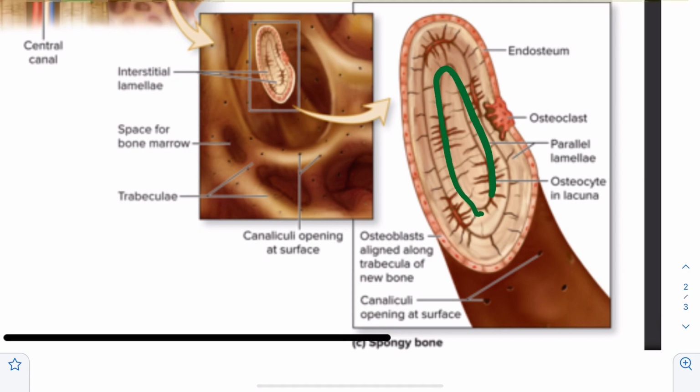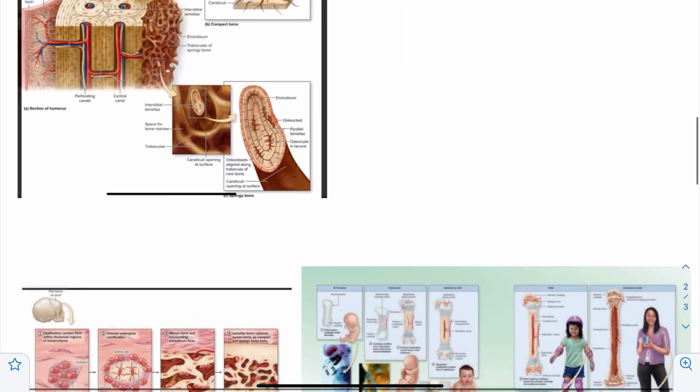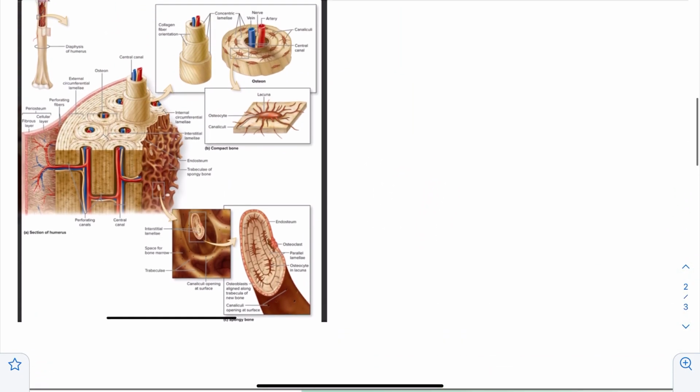So the lamellae here are kind of squashed into a weird shape, but they're still lamellae. And then we don't have the canal with the blood vessels, so how the heck do the osteocytes get their nutrients and deposit their wastes? Well, they're going to do so by diffusion into the spaces here around the trabeculae. So that's what bone looks like.